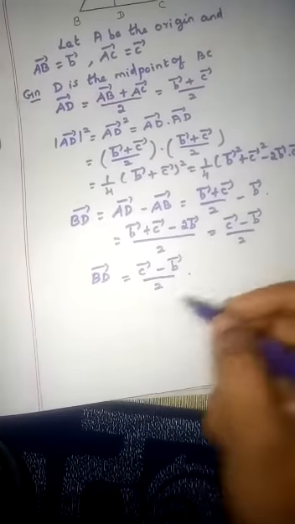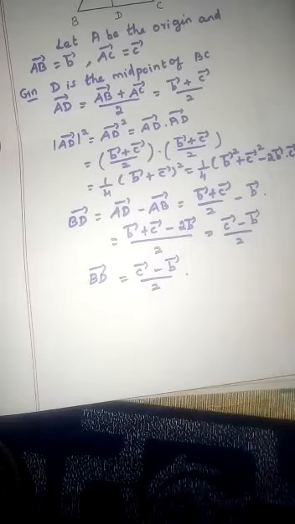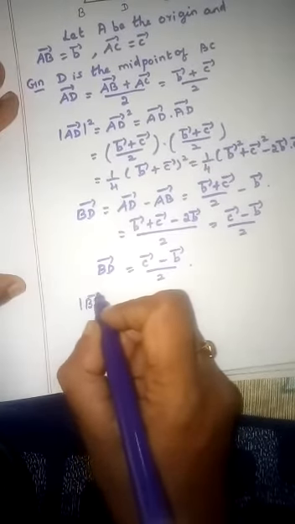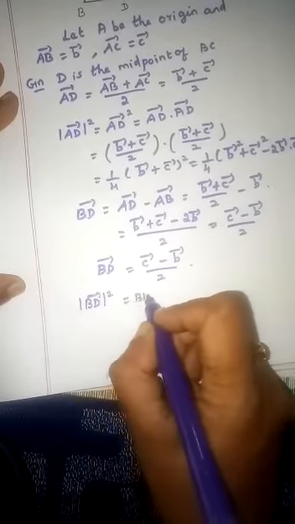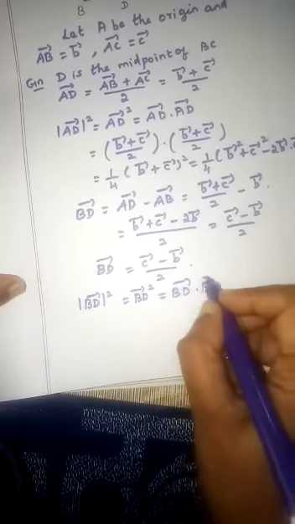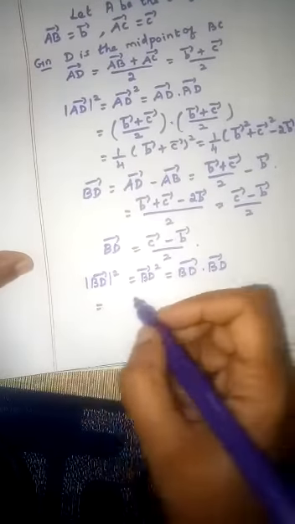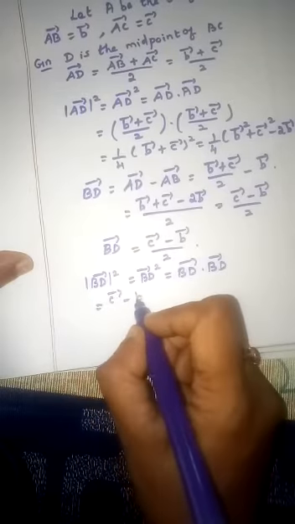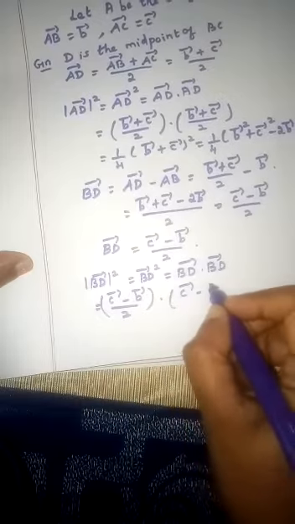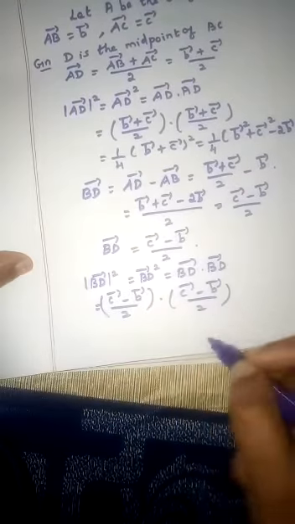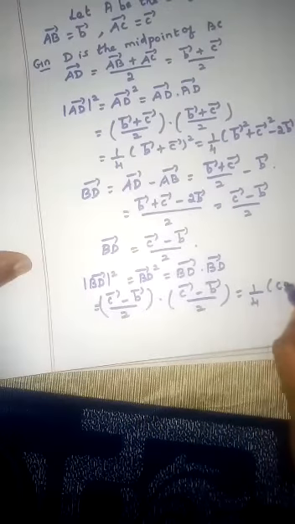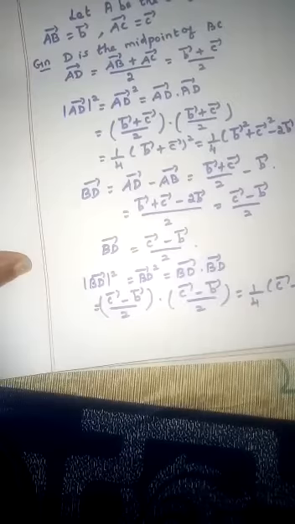Now you can find |BD|² the whole square. It is BD vector dot BD vector, so it is (c - b) by 2 dot (c - b) by 2. 1 by 2 into 1 by 2 is 1 by 4, so 1 by 4 into (c - b) the whole square.